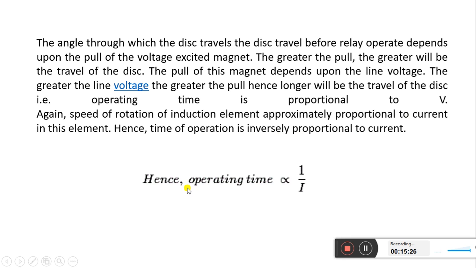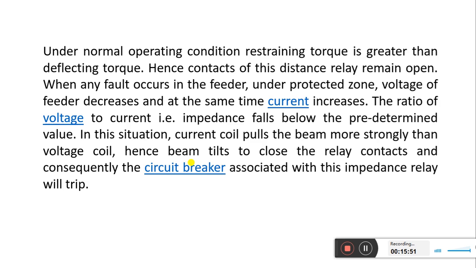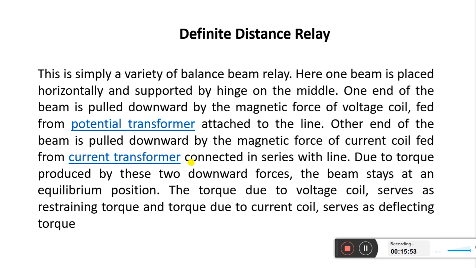So here it is shown that operating time is inversely proportional to the current, and for the voltage element, the operating time is proportional to the voltage applied across the coil. So this is what we have covered about the time distance impedance relay and definite distance relay operation for protection of transmission lines.